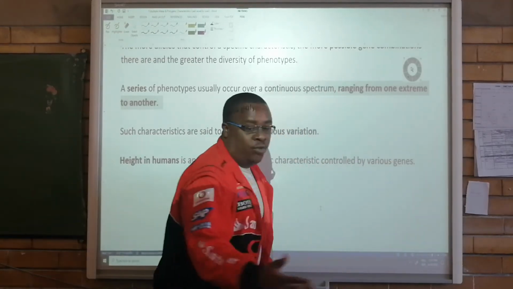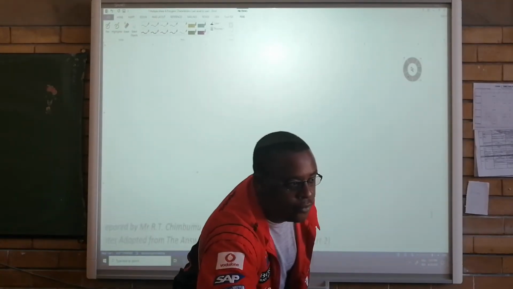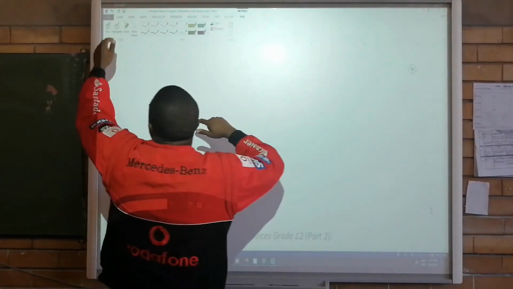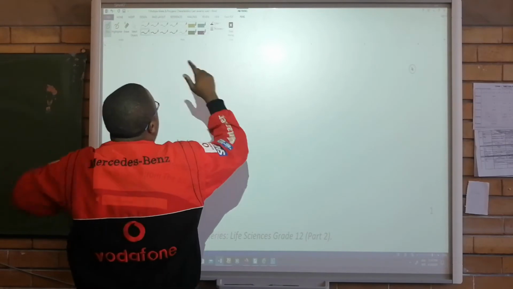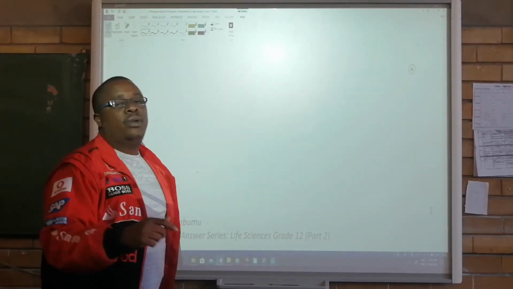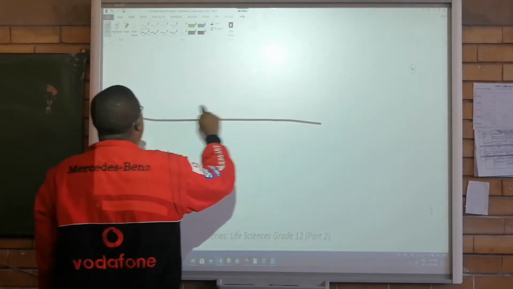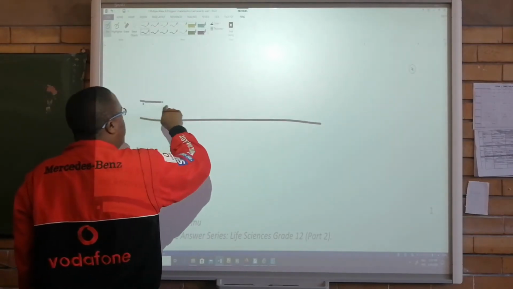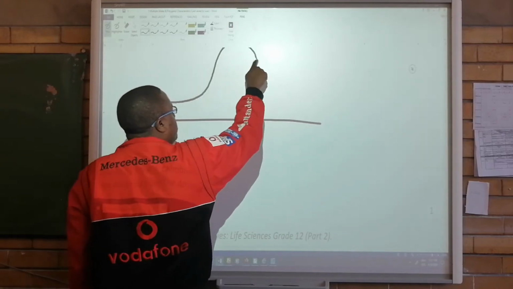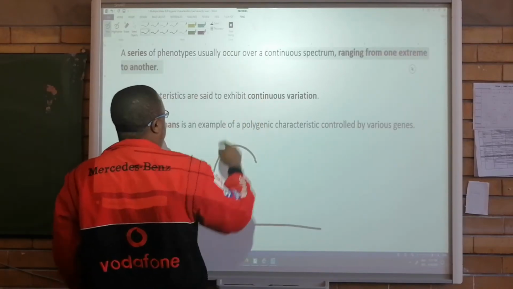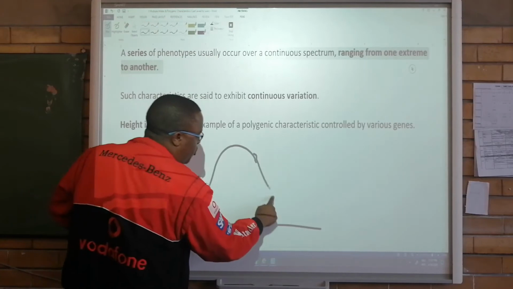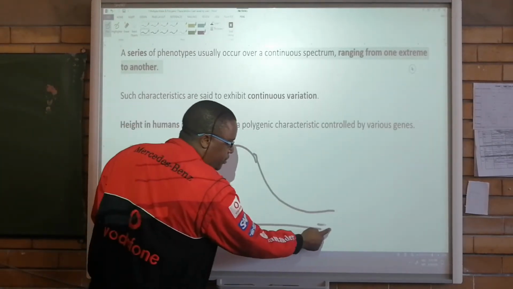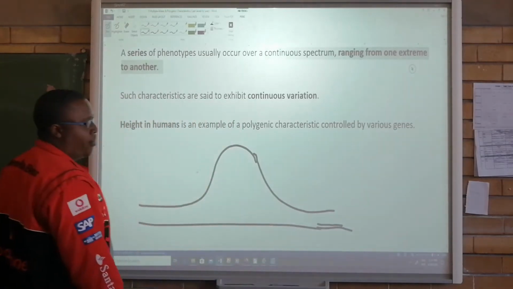So for example, we talked about skin complexion. As you move through a population, you start from one extreme and go to another extreme.